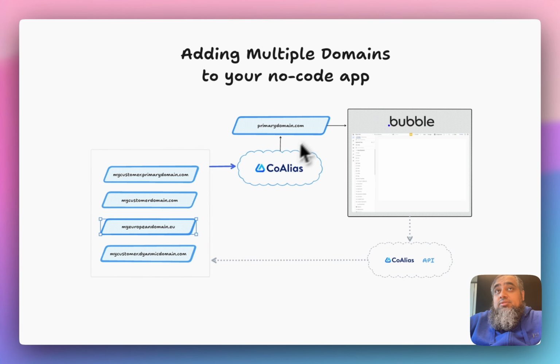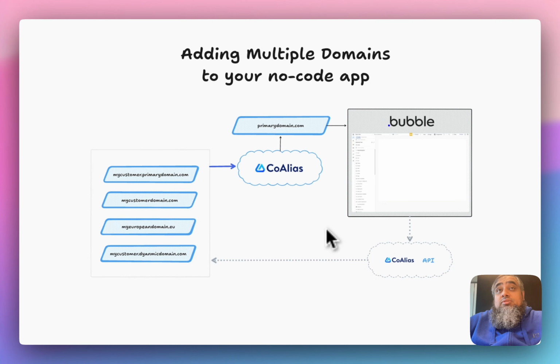And that's actually how CoAlias works. So visitors type in their customer domain, CoAlias in the background fetches the pages and the data and shows them to your visitors or users. And you can also use the API to add more domains or remove domains automatically.